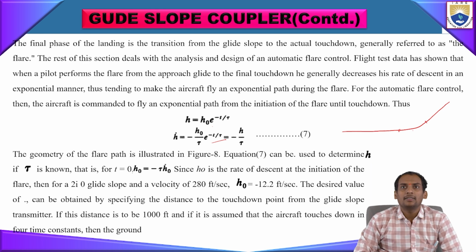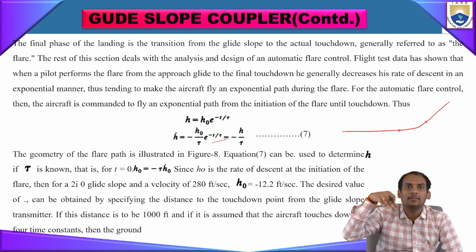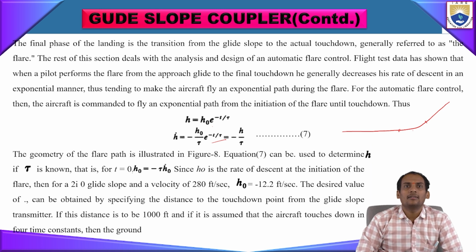Here h dot naught is the rate of descent at the initiation of the flare, that means our initial condition. Then for zero glide slope the velocity is 280 feet per second, and h dot naught will be minus 12.2 feet per second.